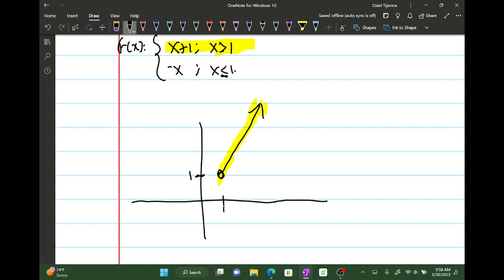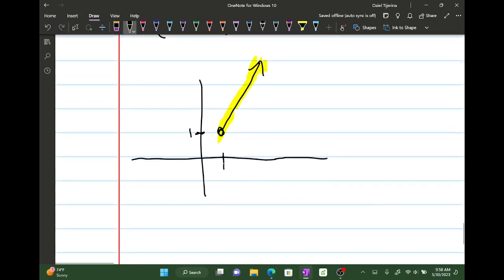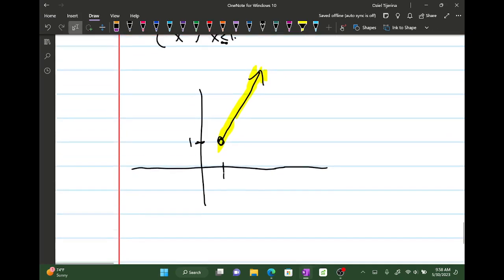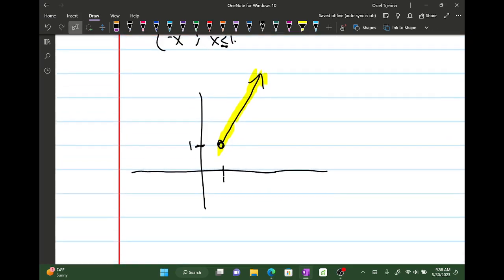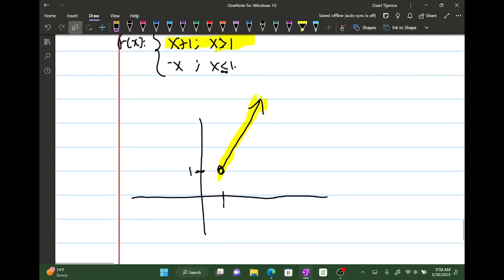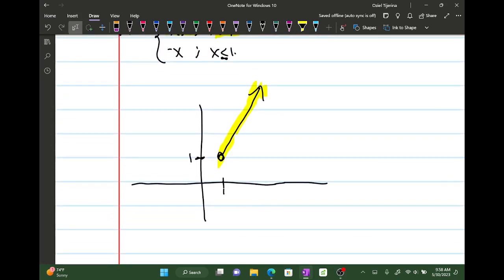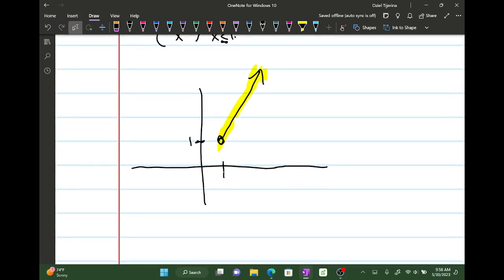But let's say we have another type of graph.